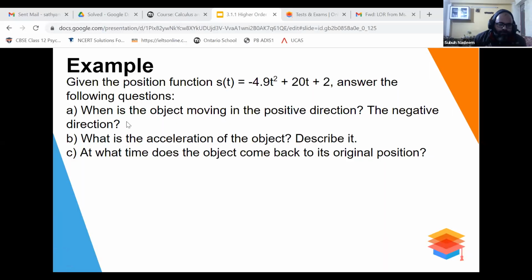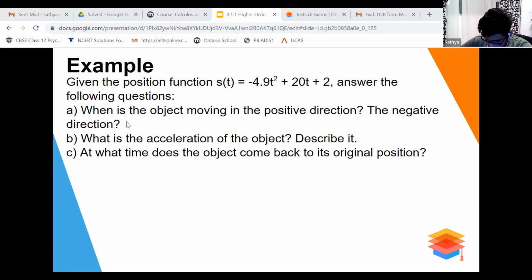Okay. Now you can share. But there are two more questions, B and C.